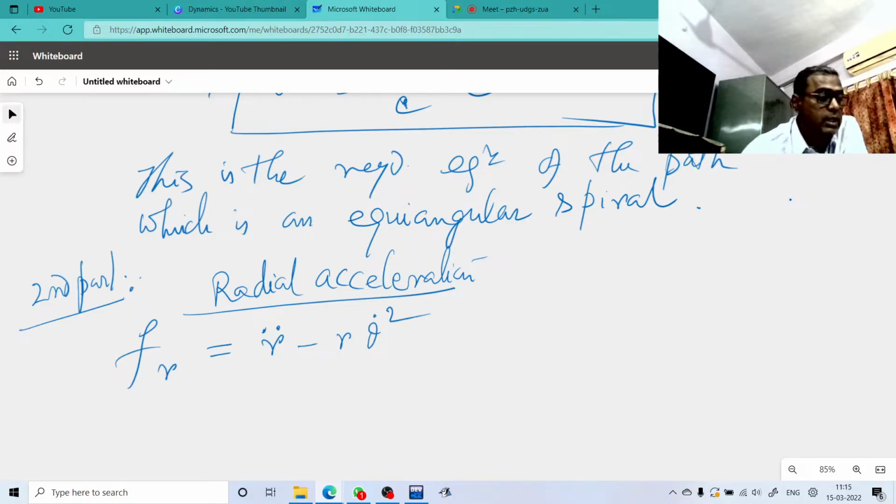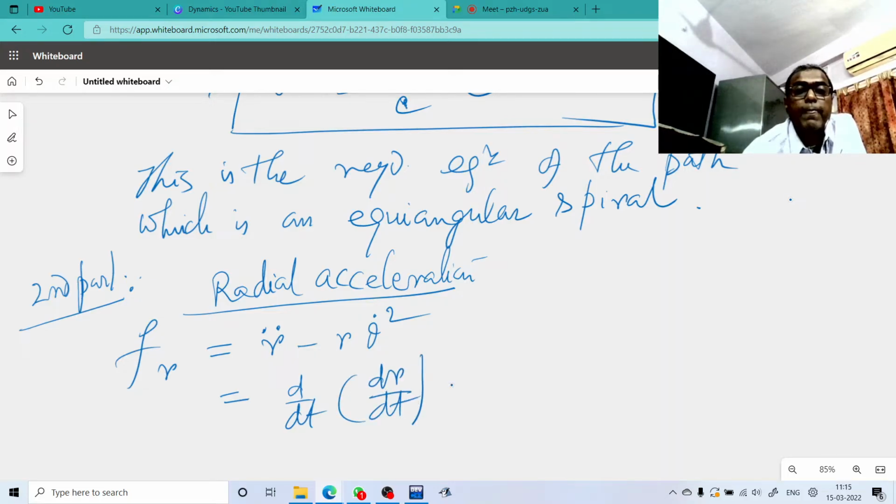So this equals d/dt of dr/dt minus r (dθ/dt) whole square.